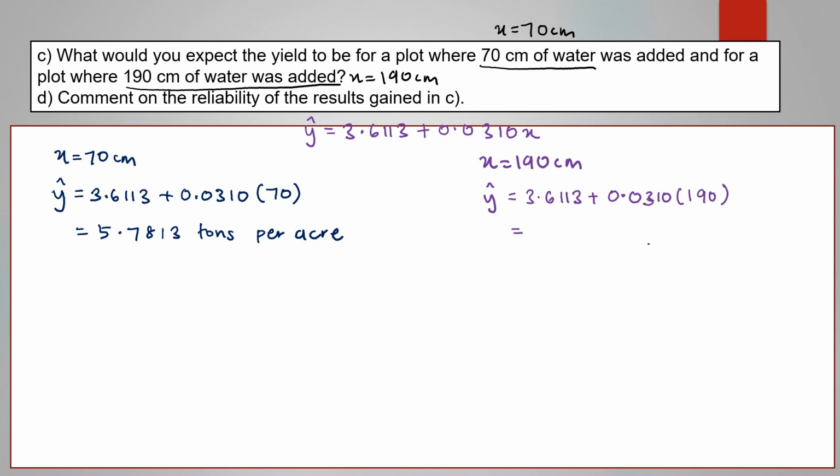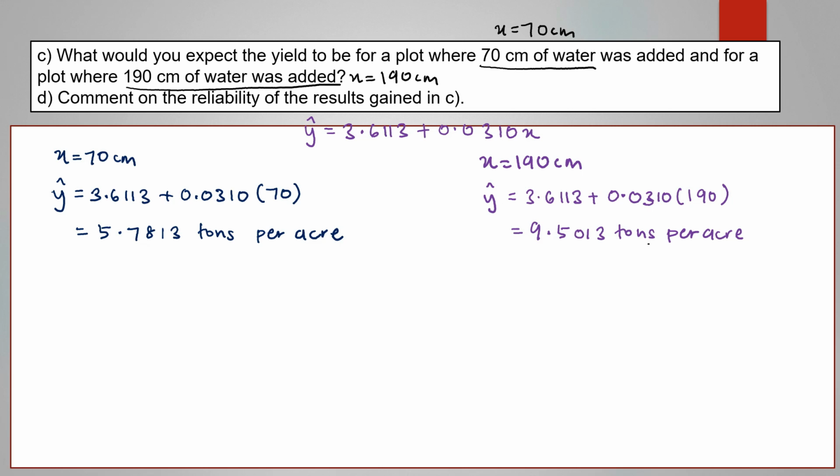Press your calculator correctly and you will get the value of y hat for x equals 190, which is 9.5013 tons per acre. Then, for question D, we need to comment on the reliability of the results gained in C.